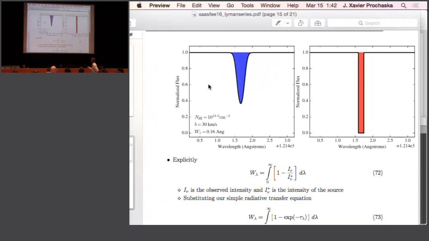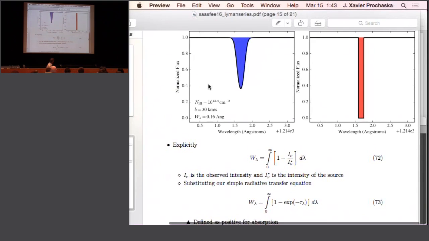Okay. Here's the actual equation for the equivalent width, just the integral of 1 minus the normalized intensity. Again, from our simple equation for the radiative transfer, we can replace the ratio of the intensities by e to the minus tau, and that's what we recover for the equivalent width.